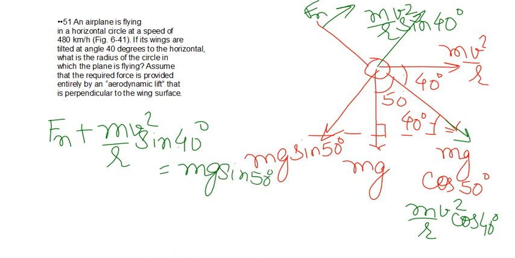Now this is not a useful equation for us, because we don't know the aerodynamic lift that it is getting in. But these forces will be equal because the plane does not have any vertical motion. So we have equated this.